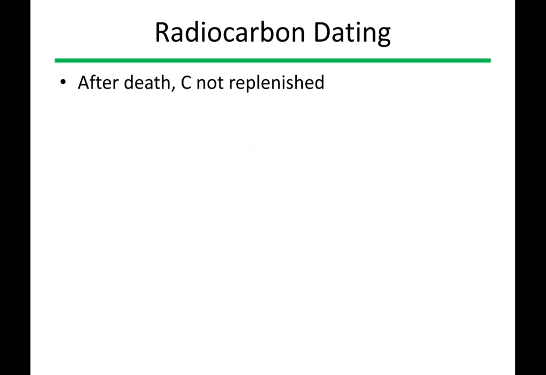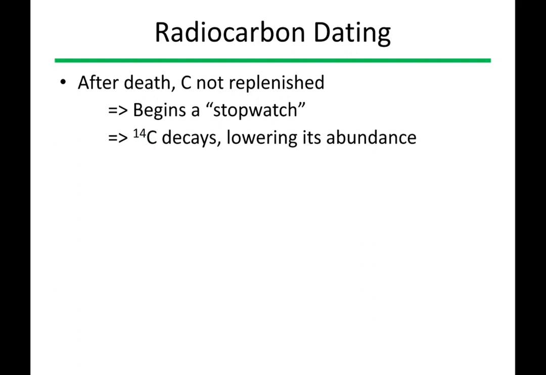This includes the carbon-14, which is radioactive, and now will start decaying while it's part of the organic material. And so basically this will start a stopwatch where we can lower the relative carbon-14 abundance in the once living organism. This will lower the radioactivity as we have less and less carbon-14.